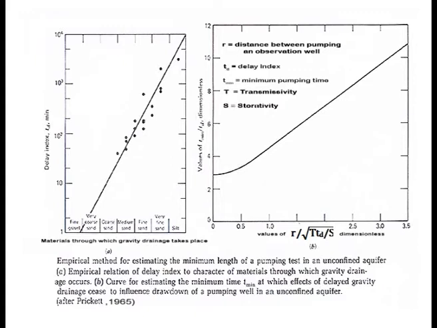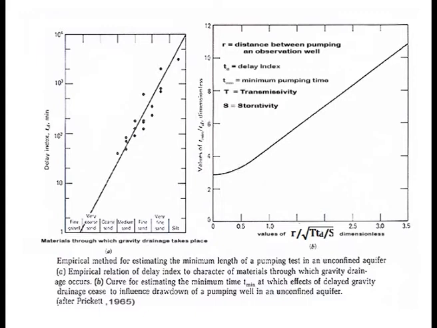In the second diagram, the T minute delay index is denoted by the letter small t d. In the second figure you see, on the y axis t minute upon t d is plotted. Previously it was plotted on the semi log paper. Now secondly, it is plotted on ordinary graph paper.